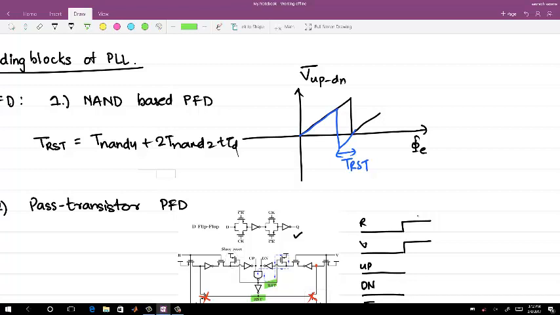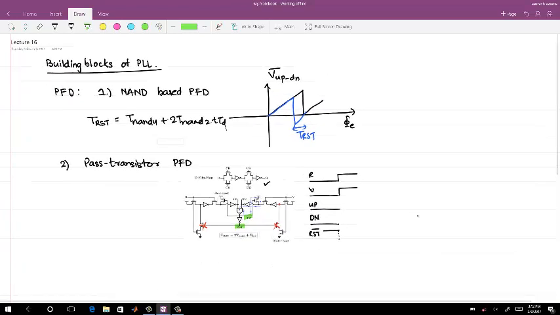It may seem tempting that, to get better characteristics of the PFD, you use a pass transistor based PFD. But the pass transistor logic will have those issues whether the voltage is held or not, whereas the NAND based logic is pretty robust in that sense.